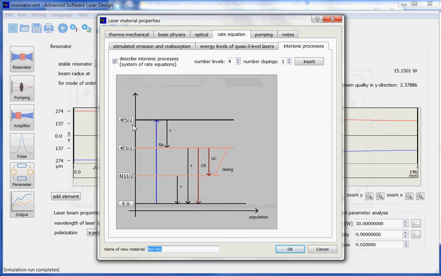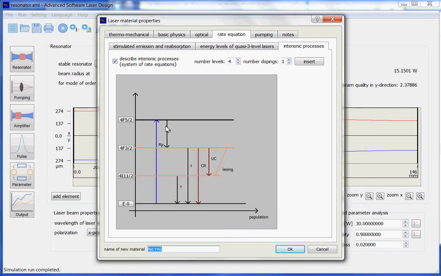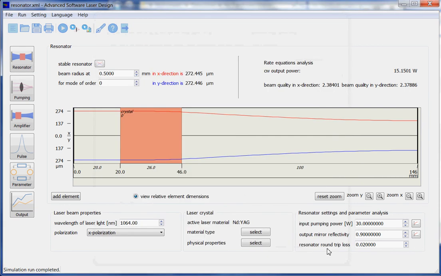For all these calculations, it's important to assign for each level the corresponding energy, otherwise the heat generation cannot be calculated accurately. Thank you very much for listening to this tutorial.